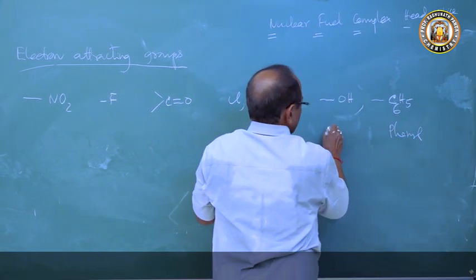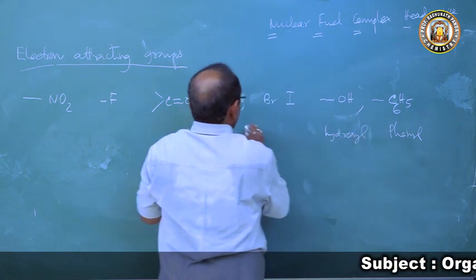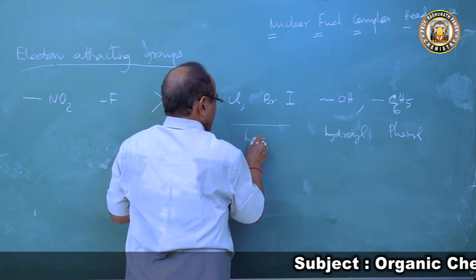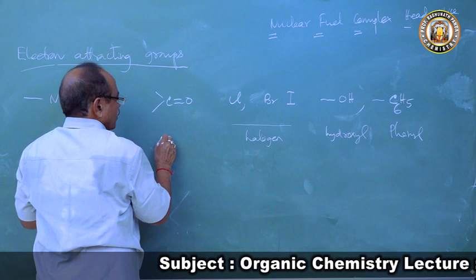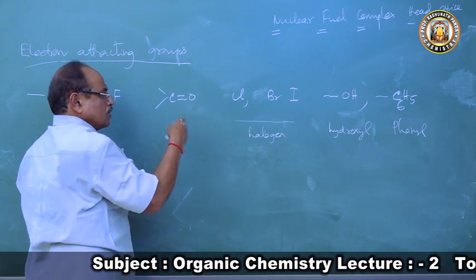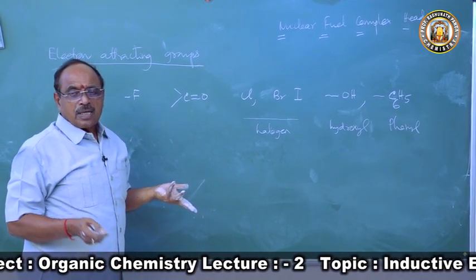The OH group is called the hydroxyl group, and these are halogens. Fluorine is also a halogen. And these are the carbonyl compounds: CO, compounds containing the carbonyl group. Who contains these groups?